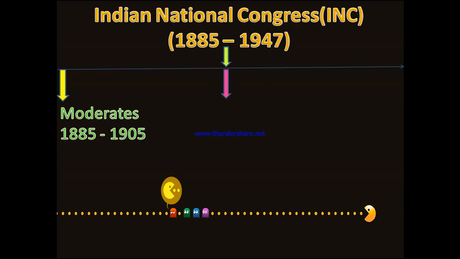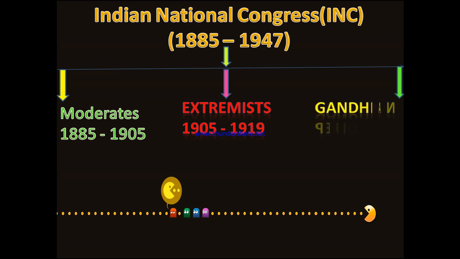That is the moderates period, the second one is the extremist period, the third one is the Gandhian period. The moderates period is from 1885 to 1905, the extremist period was from 1905 to 1919, and the Gandhian period was from 1919 to 1947, till getting independence.